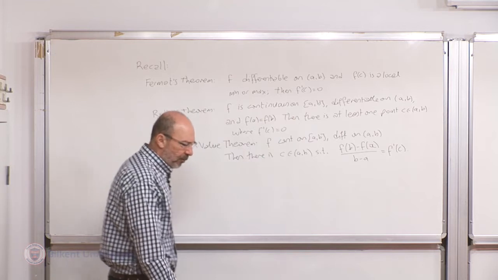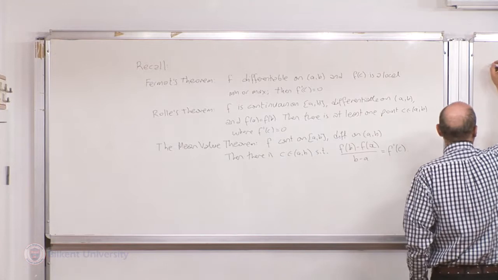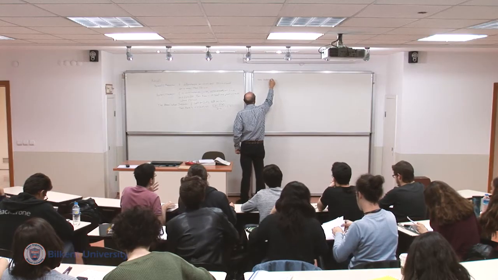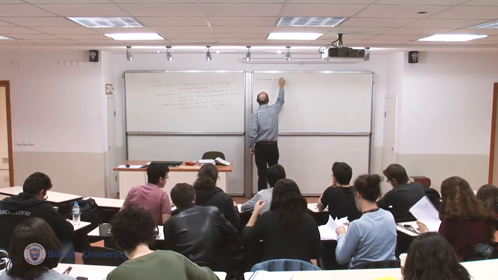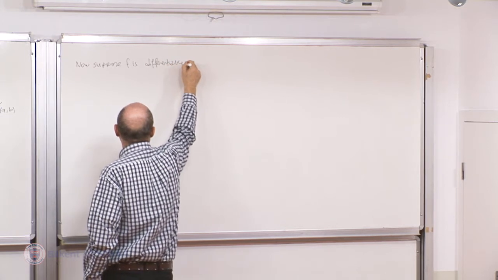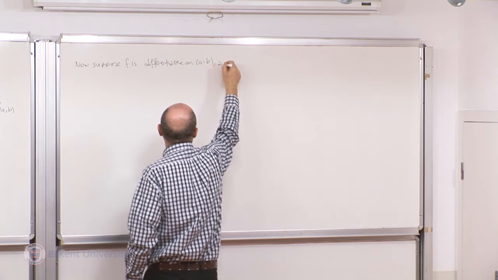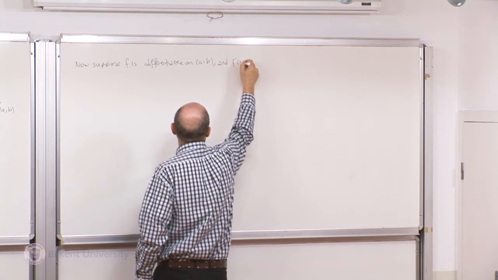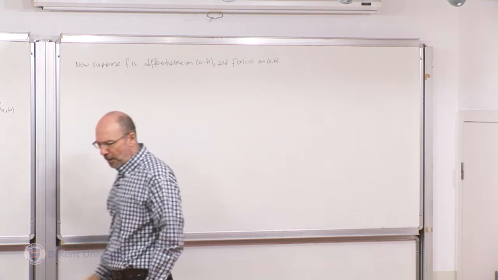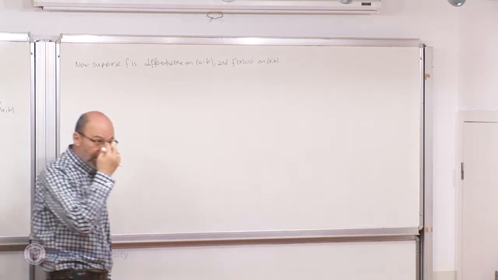Now we come to something new. Now suppose f is differentiable on A, B, and f prime x is equal to 0 on A, B. I can also take closed interval here, but it doesn't matter.